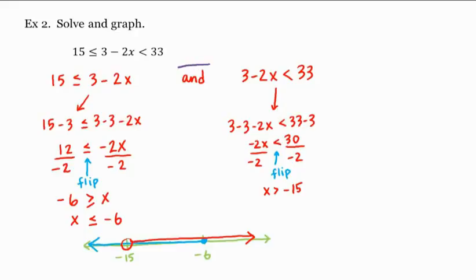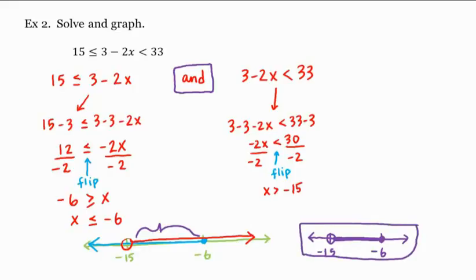Now, because these inequalities are joined by the word and here, our solution is all x values that make both of them true, which would be this intersection here. In other words, our answer would be the following. So here's negative 15, here's negative 6, closed at negative 6, open at negative 15, and everything in between.